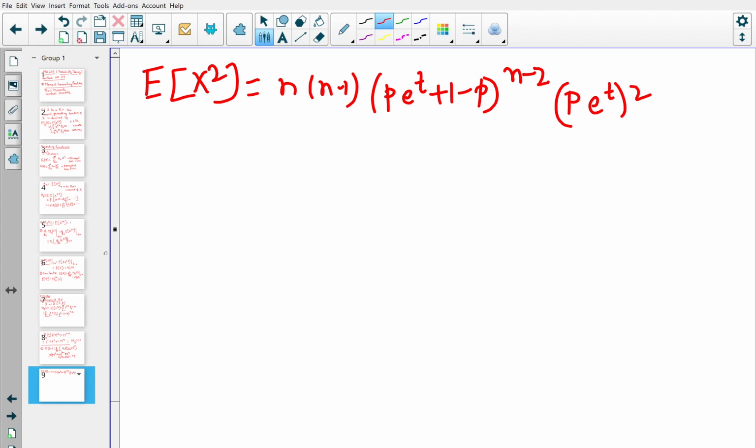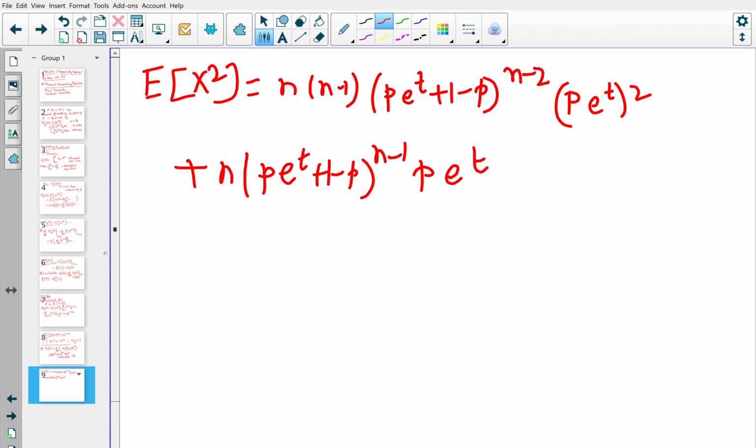This is the derivative of the first term, and there will be another second term, for which you need to take the derivative with respect to p e power t. So for that you will have n times, this is constant first term, p e power t plus 1 minus p to the power n minus 1, and then p into e power t.